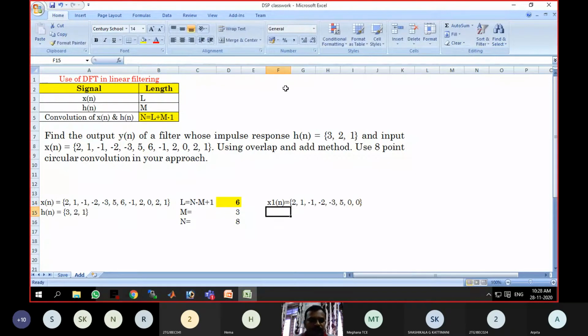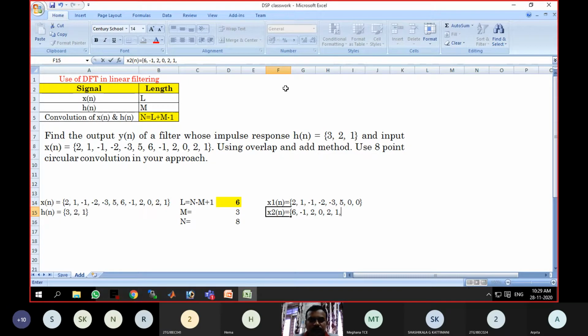Similarly for x2 of n, first I take the remaining L elements, those after 5. So how many? 6 elements: 6, minus 1, 2, 0, 2, 1.